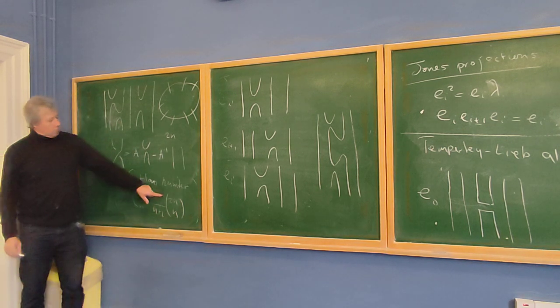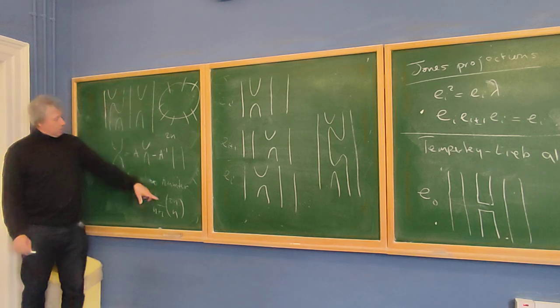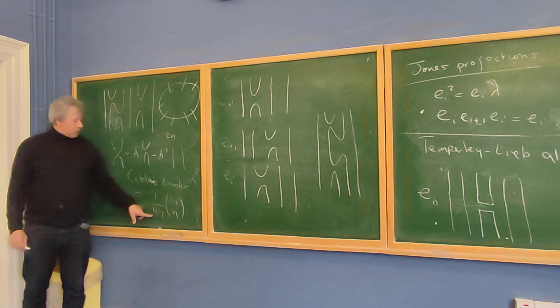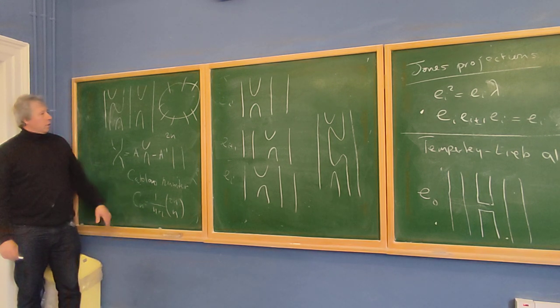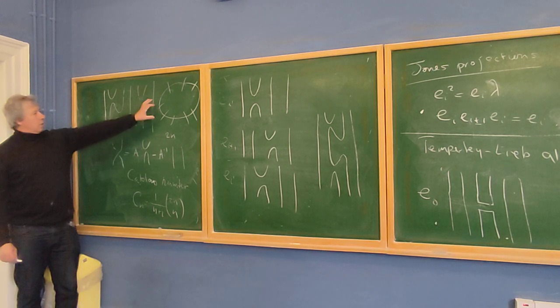You take all, well, 2n is the number of lines. You take this binomial coefficient and divide by n plus 1. That's still an integer.